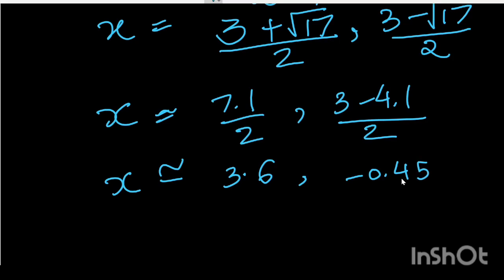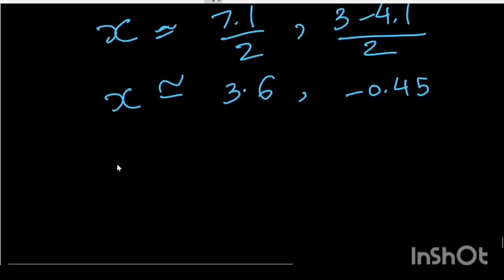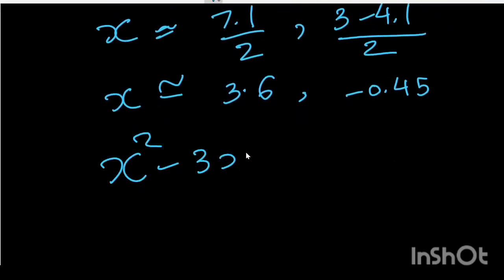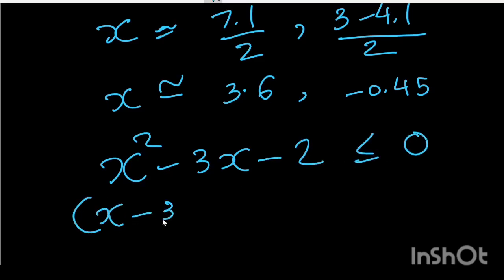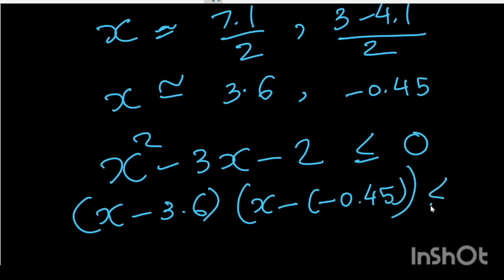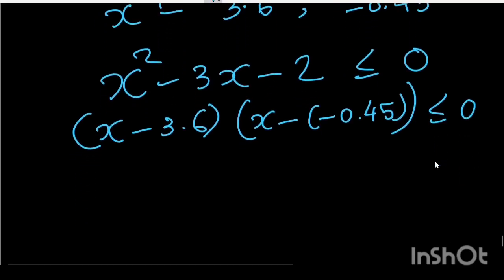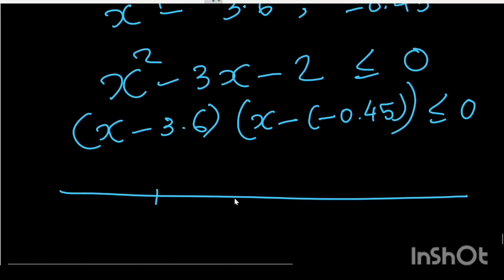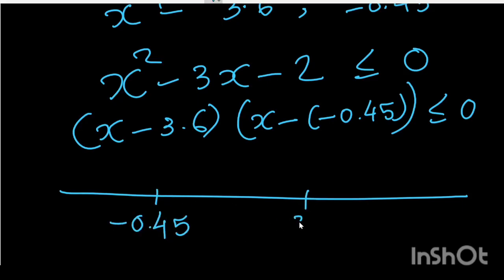So x square minus 3x minus 2 less than or equal to 0 is factorized as x plus 0.45 into x minus 3.6 less than or equal to 0. So we can use the wavy curve method. We plot the zeros, one of them is minus 0.45 and another is 3.6, plus minus plus. We will take minus. This is the second result.